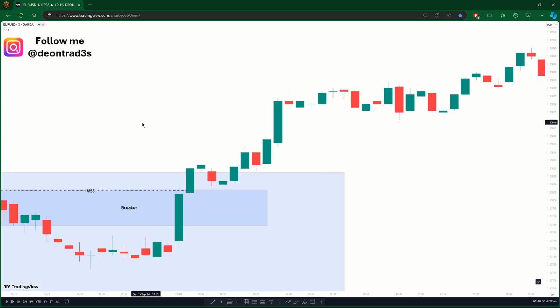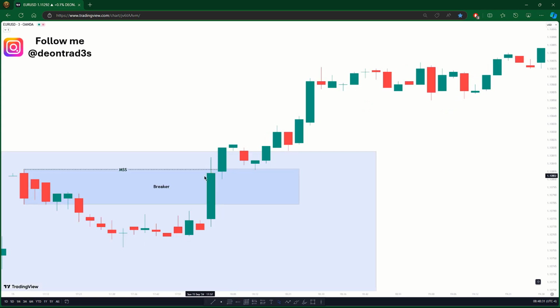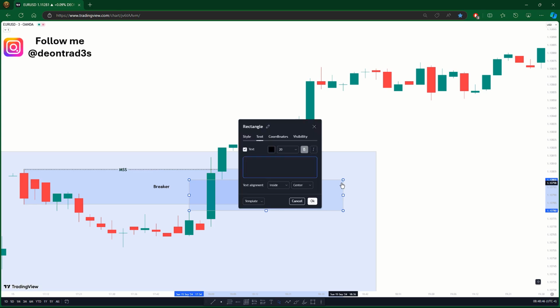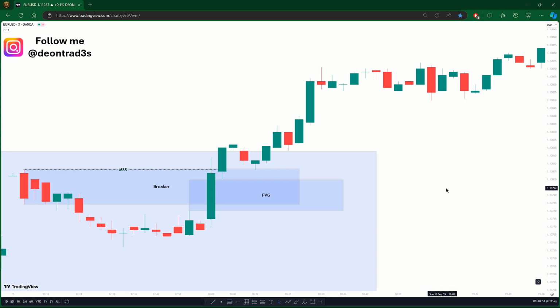All right, so this is the situation that I was talking about where price may even leave this fair value gap here. Okay, you have that fair value gap down there, and then you are waiting for price to just go down to that fair value gap. Now, instead of going all the way down to that fair value gap, it just retests a breaker here.